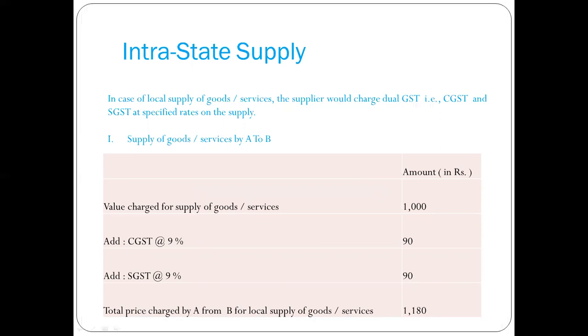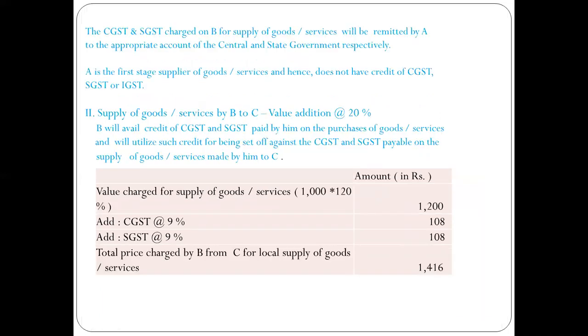The total price charged by A from B for local supply of goods or services is 1180. The CGST and SGST charged on B for supply of goods or services will be remitted by A to the appropriate accounts of the central and state government respectively. A is the first state supplier of goods or services and hence does not have credit of CGST, SGST or IGST.